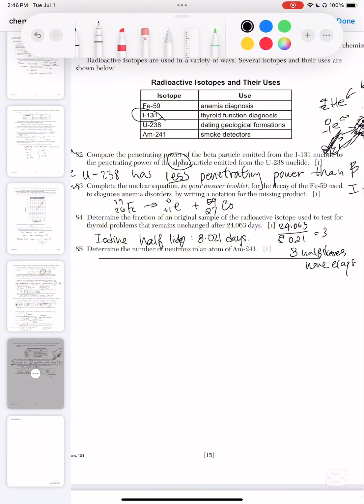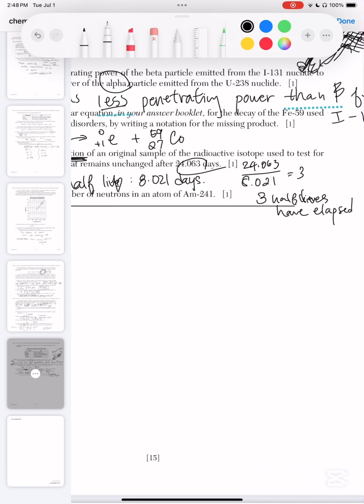Another method that you can use is just to keep adding 8.021 until you get 24.063. That's effective if you have a relatively small number, but I wouldn't recommend doing that if you have a larger number. Say if you have like 11 half-lives, that would be a lot of work.